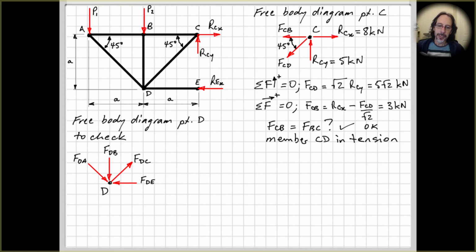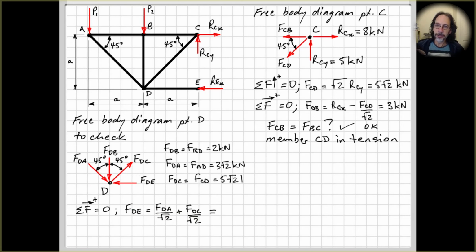But we can see that this has to be acting to the left, right, because we've got FDA to the right and FDC to the right. Okay, so putting in our 45-degree angles there, the sum of the forces in the horizontal direction equals 0. So we have FDE equals the horizontal components of FDA and FDC. Okay, so sine 45, so 1 over root 2.